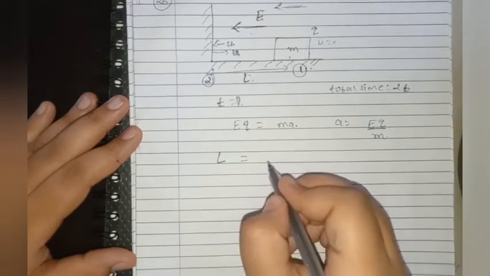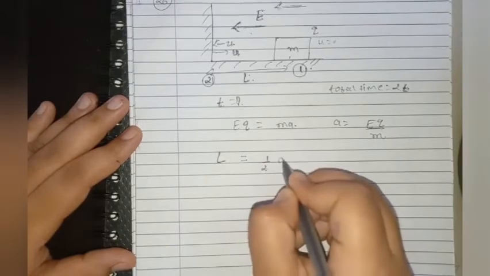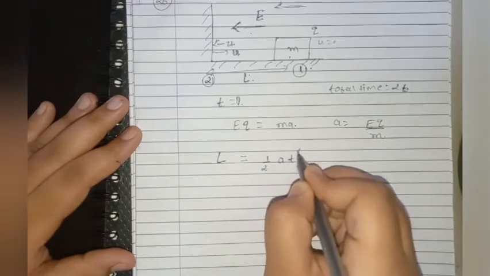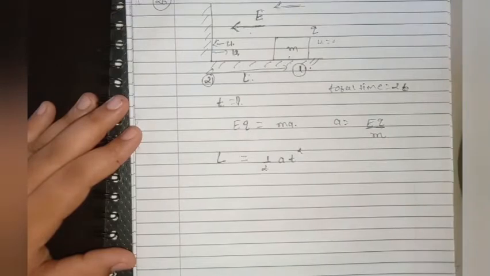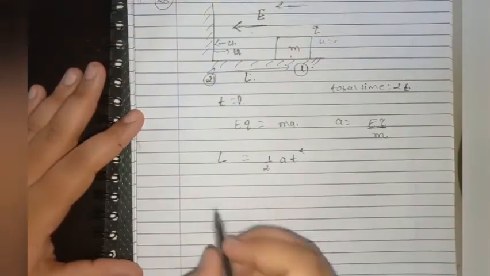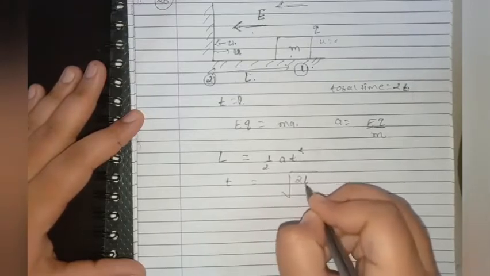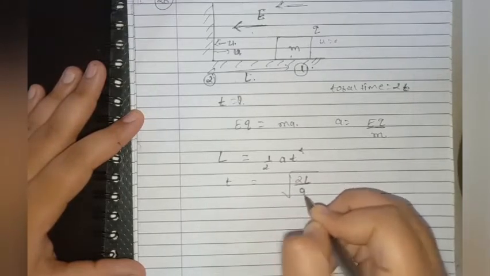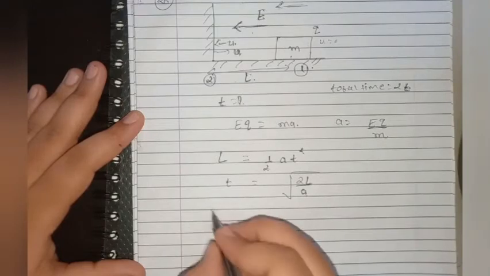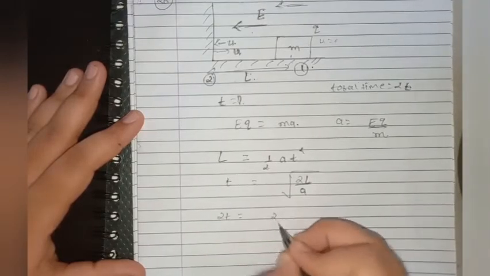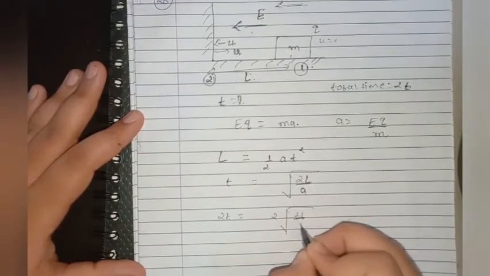Here u will be 0. Half a, time taken is t, so t square. From this we can write t equals under root 2L by a. So total time taken will be 2t, that will be 2 under root 2L by a.